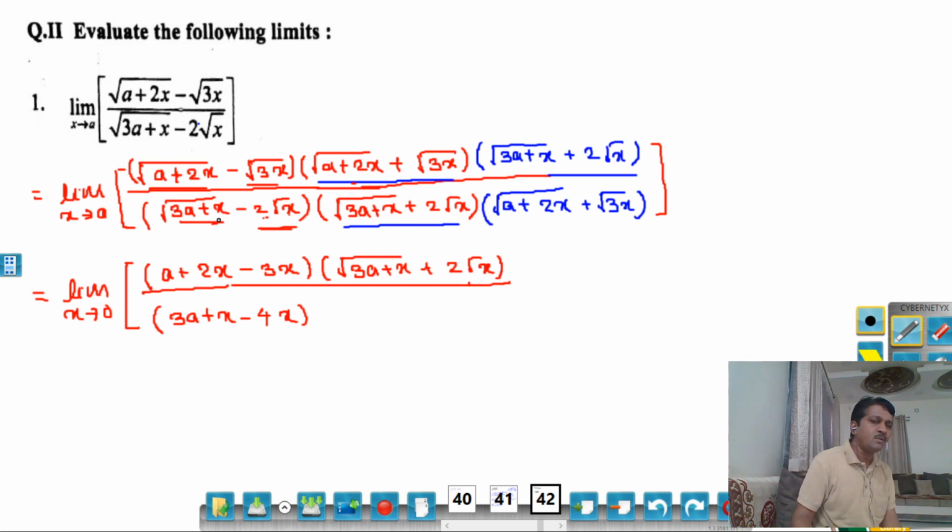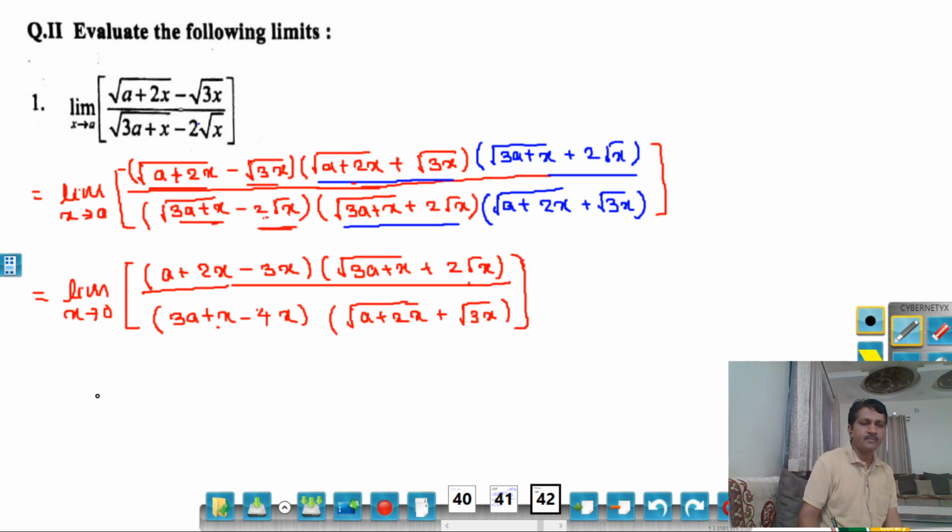The square root of the first goes away and we get 3a plus x, minus the square of second, which is 4 into x. And the last term as it is: under root of a plus 2x plus under root of 3x.